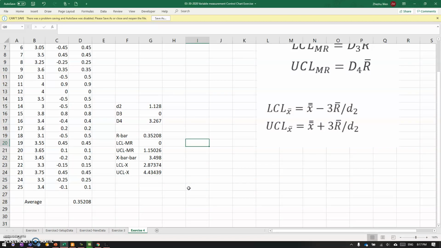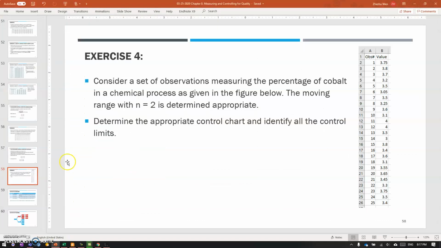Voila, we got it. You have the X bar chart here and the moving range chart here. That concludes this last component. Of course, when you have a 26th or 27th observation, you compare with these limits to see whether the process is in control or out of control.